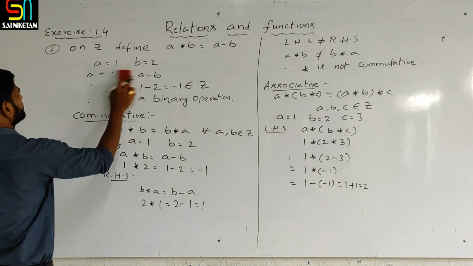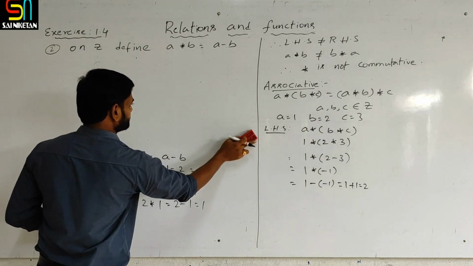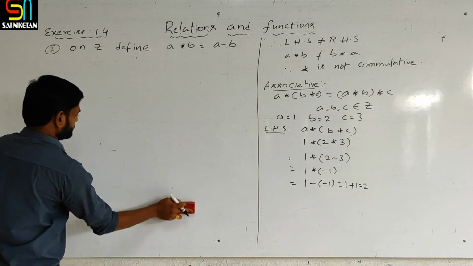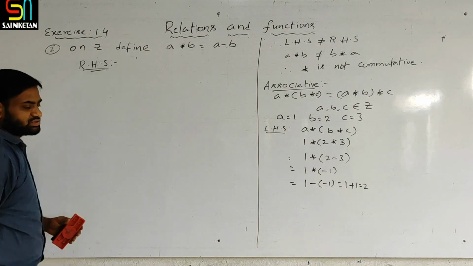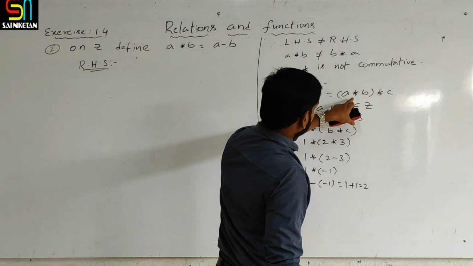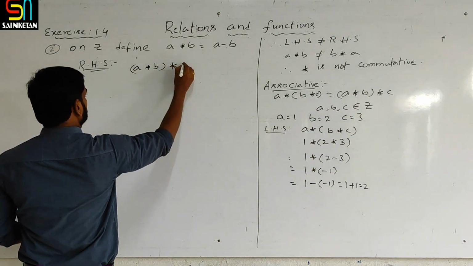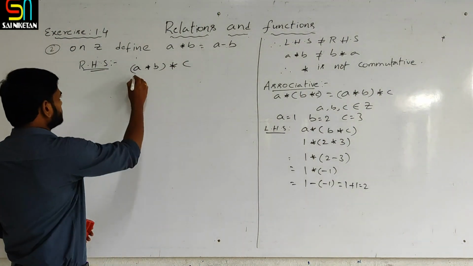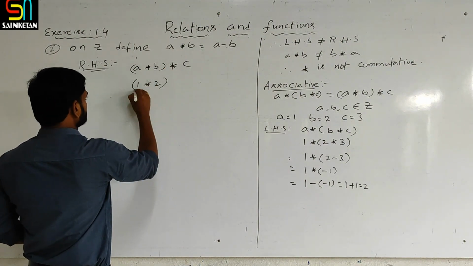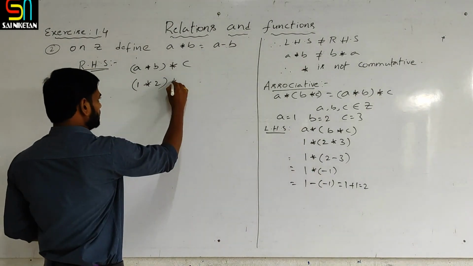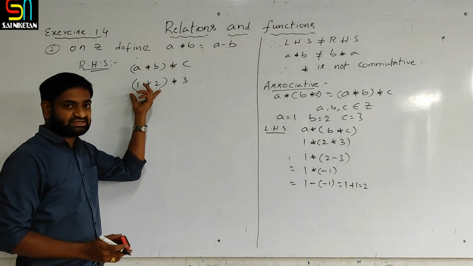Now what about the RHS? RHS is (A star B) star C. Substitute the values here: A value is 1, star B value is 2, close the bracket, star C is 3. Within the brackets we have to solve first.